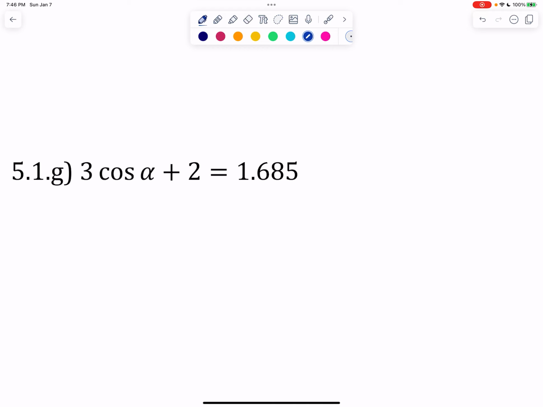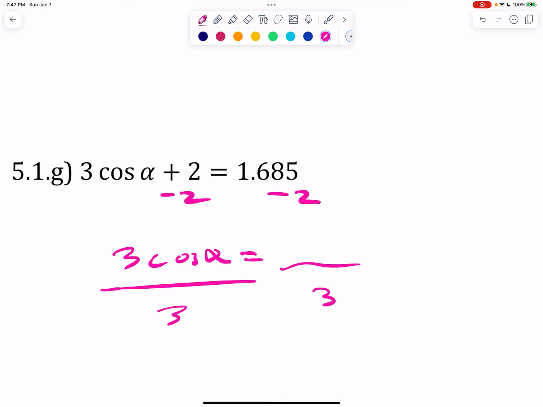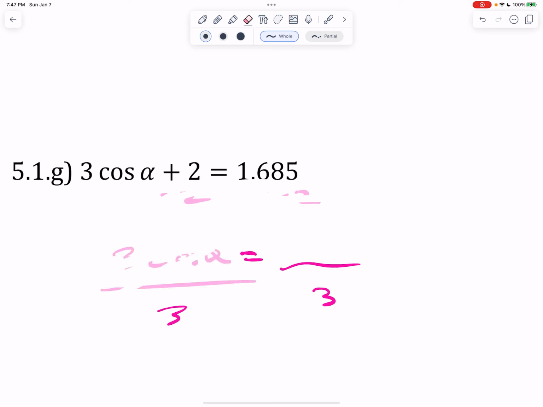I'm just going to subtract 2 from both sides and divide by 3. You don't have to show those steps. The ideas of subtracting 2 from both sides and dividing both sides by 3 are not considered grade 11 skills. Those are not things you have to show.